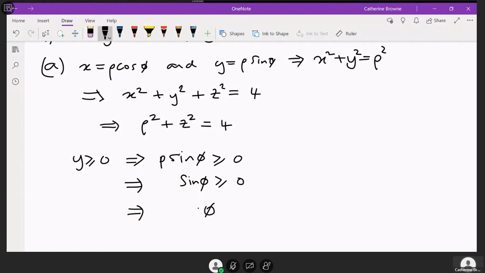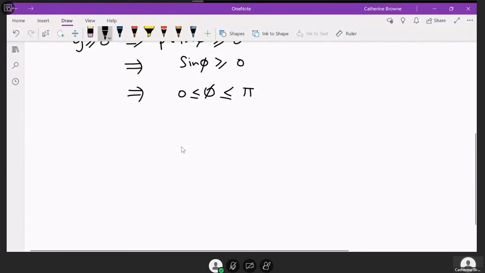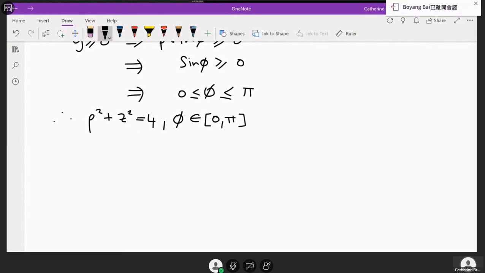That happens when phi is between 0 and pi. Now we can represent that surface in cylindrical coordinates: rho squared plus z squared is equal to 4, and phi between 0 and pi.